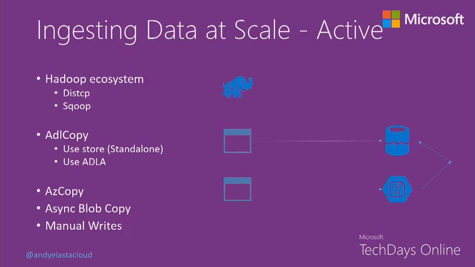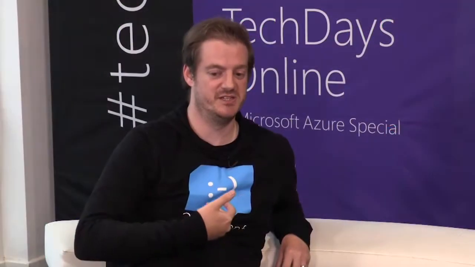So you end up having to use two tools and staging it at a blob endpoint, because AZ copy has a better approach to storing the files as blobs, and ADL copy doesn't really let you say, go and get a file from my local disk and put it on. AZ copy does. AZ copy says, I've got a local file, put it as a blob, and then ADL copy says, you've got something on blob, put it on ADL.